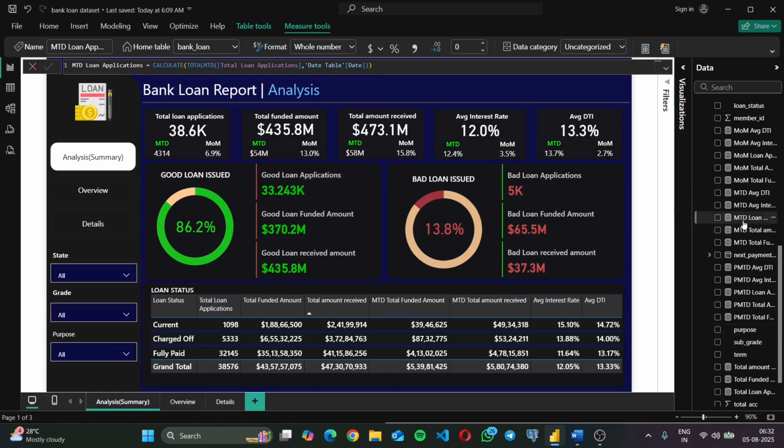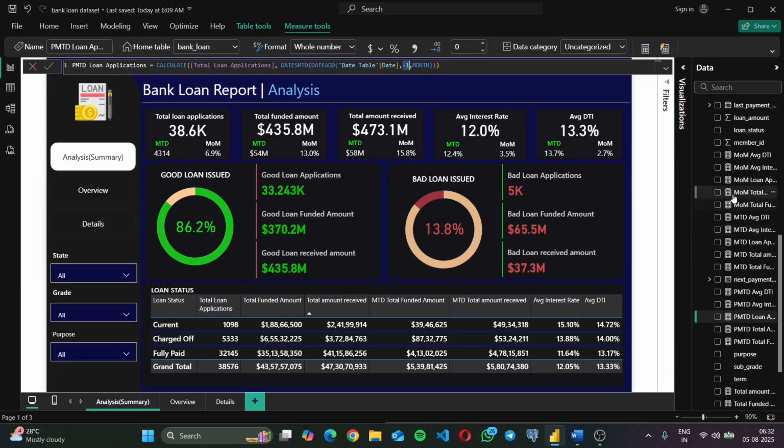Then after calculating month to date, I also calculated previous month to date. The same logic is used, the difference is we are calculating for the previous month, so I have specifically mentioned -1. That is, this tells that we are in the current month, and if we enter -1, it calculates the total loan applications of the previous month.